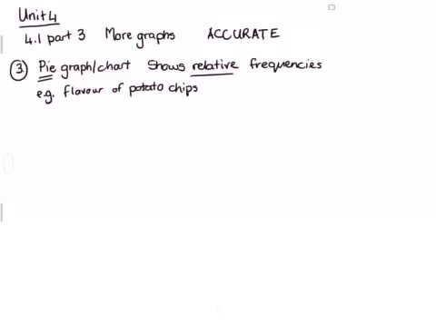You can put that number on as well. You are going to draw a circle, and if exactly a quarter of them then counts as 25%, like the salt and vinegar.